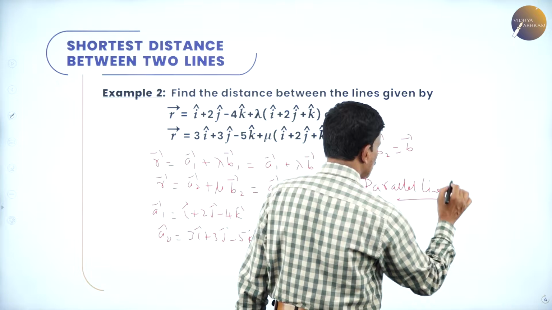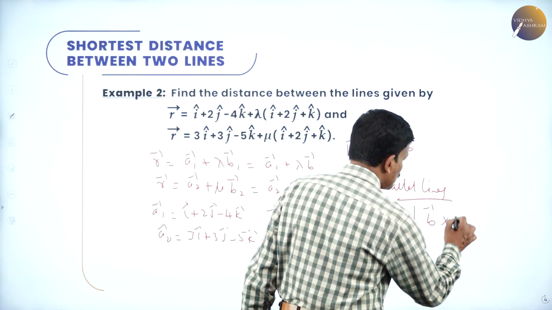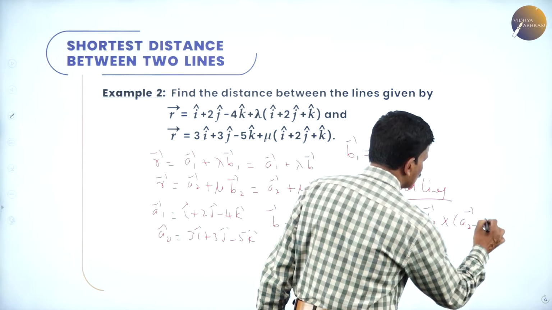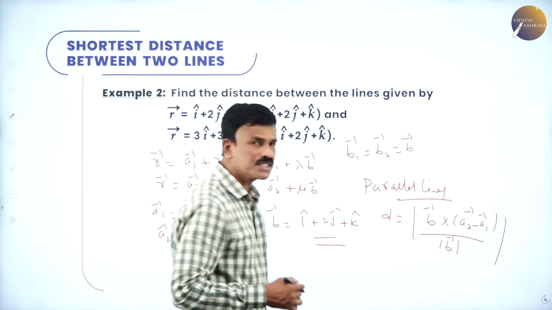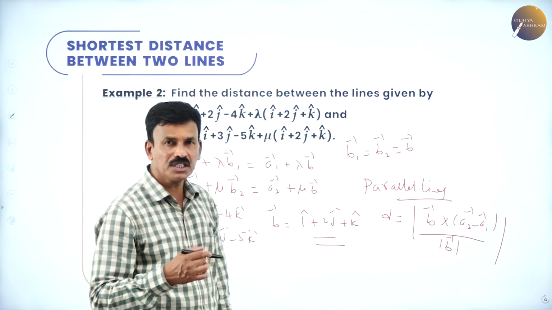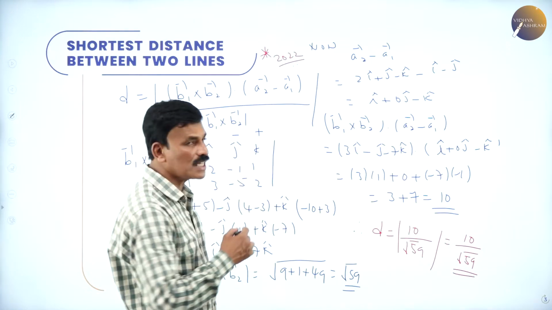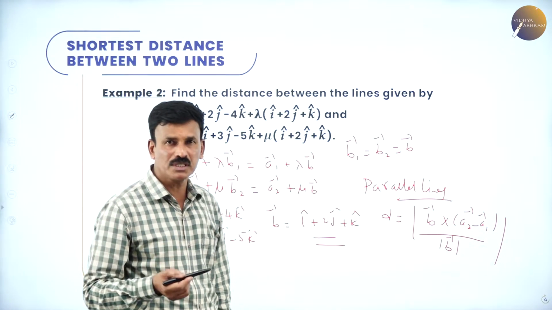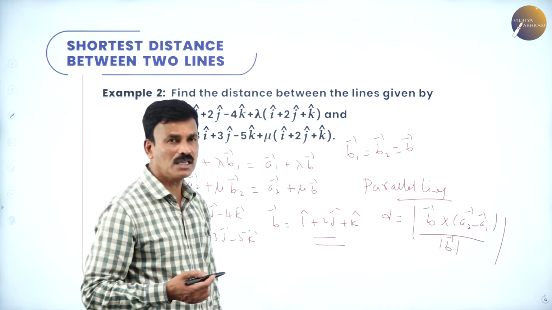So the distance between the parallel lines is given by d is equal to length of vector b cross (a2 minus a1) divided by length of b. That's it. See here, the first formula is b1 cross b2 dot (a2 minus a1), whereas here it is vector b cross (a2 minus a1) vector divided by length of b.